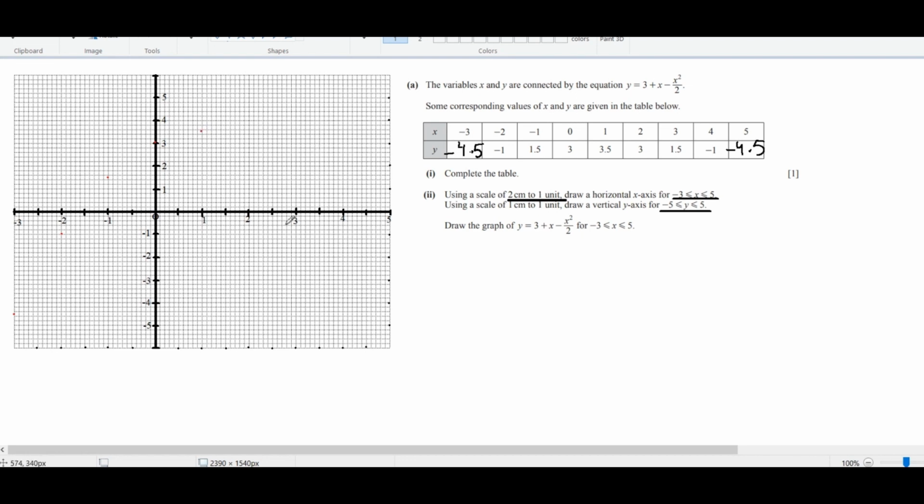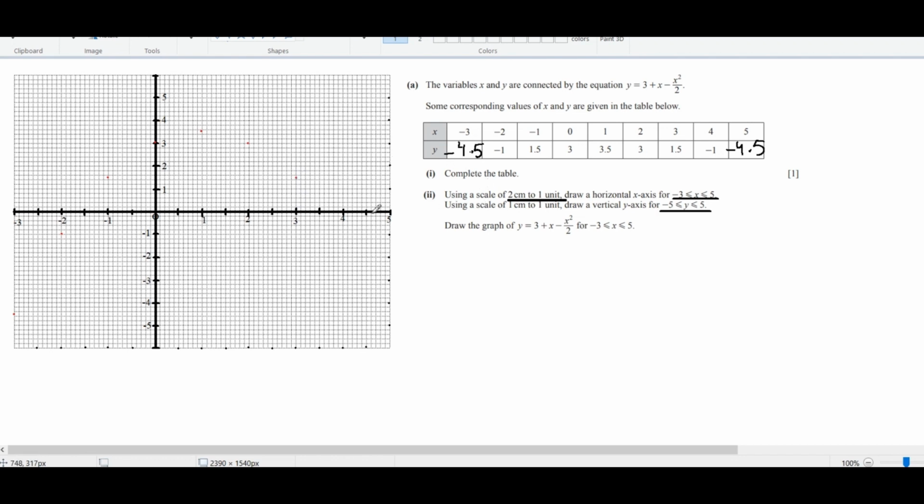And then 2 and 3. So this is 2 and this is 3, right? 3 and 1.5. 1.5 should be somewhere around this between 1 and 2.